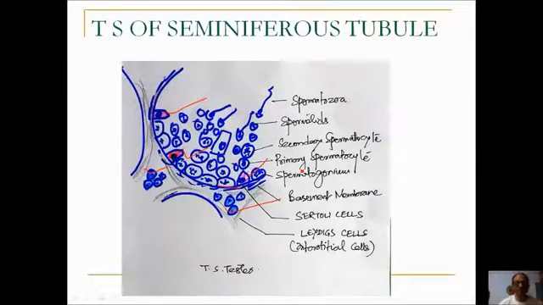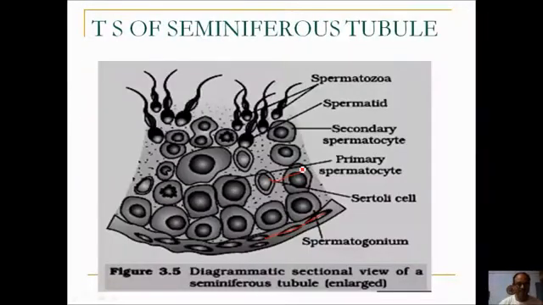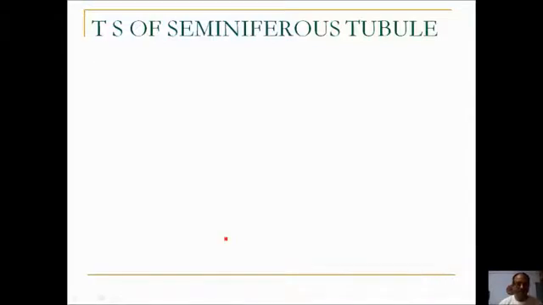We will take the process in detail in our next part, but this is just a section of the testis. This is also a diagram taken from NCERT, which clearly shows how the testis is made and what the sections are in the human testis.